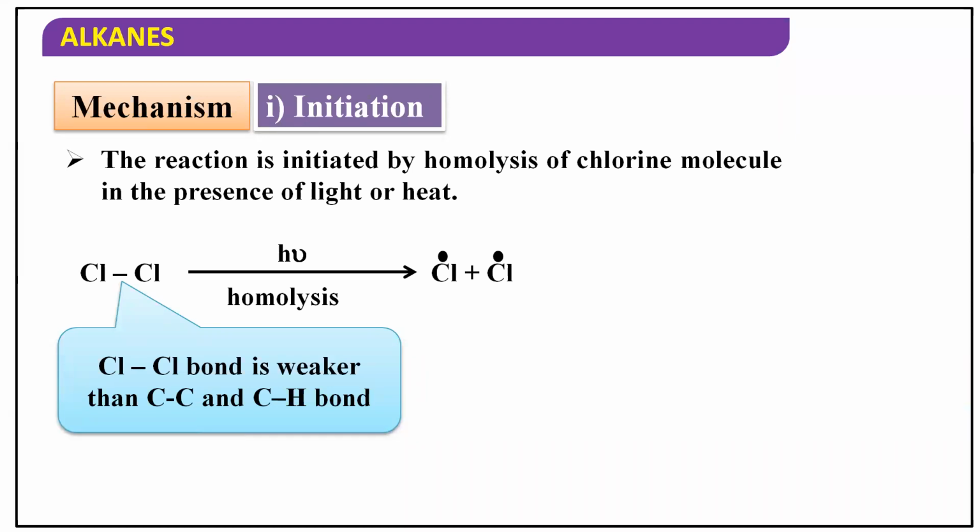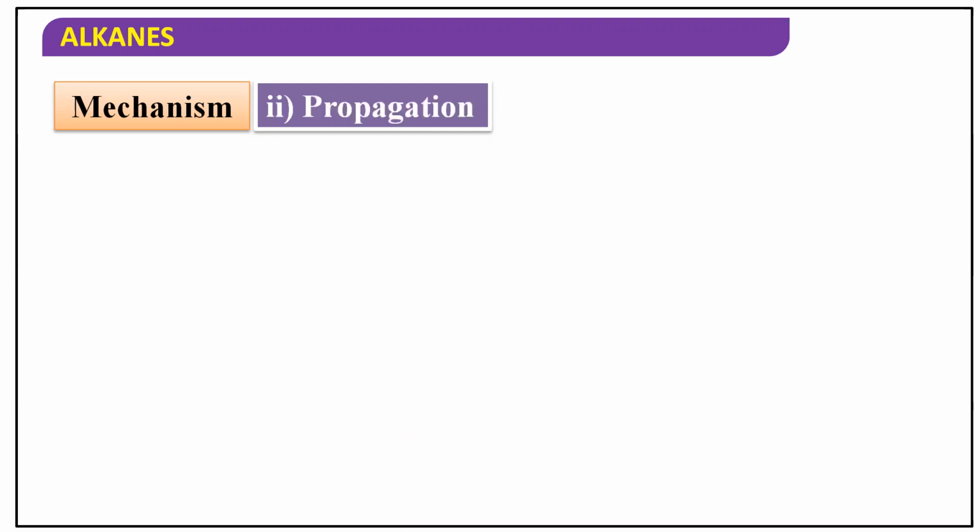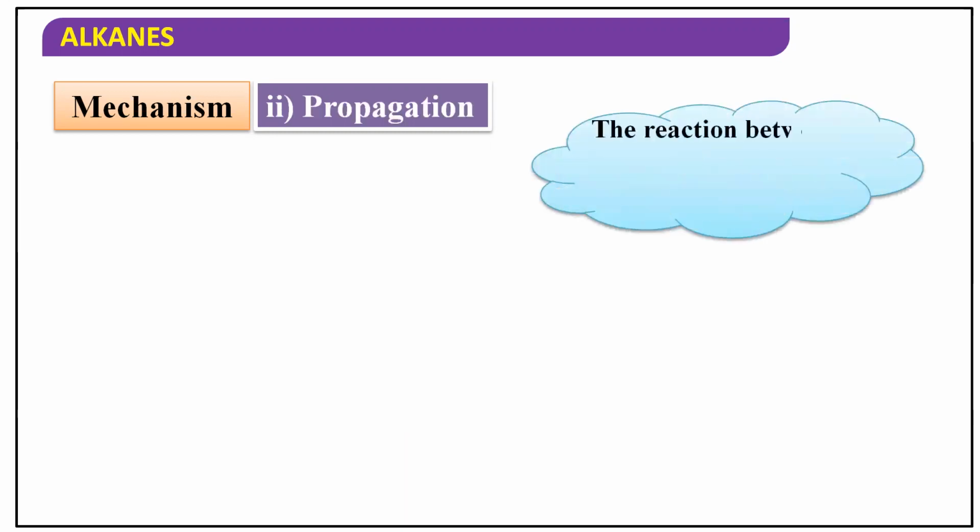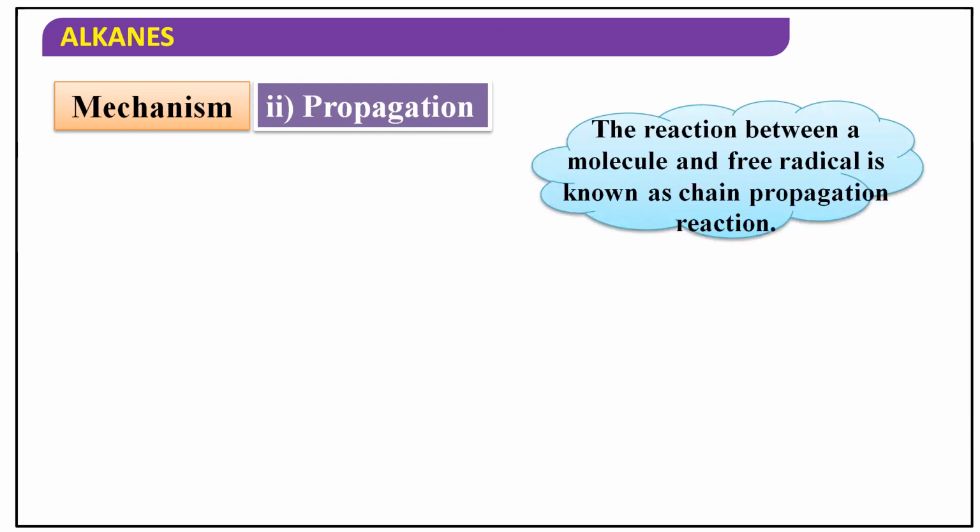Both are taking their own one electron. There is no excess of electron and no lack of electron. That's what we are getting here: chlorine free radicals. So both are free radicals. The next step will be propagation, the reaction between a molecule and a free radical.